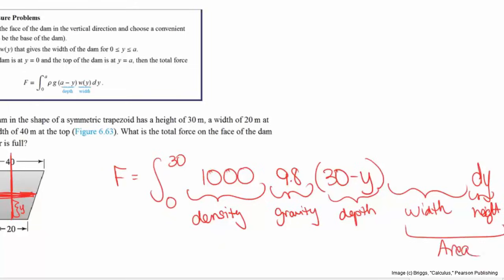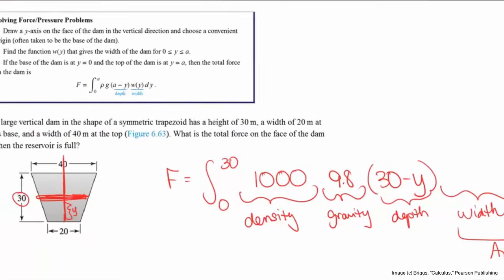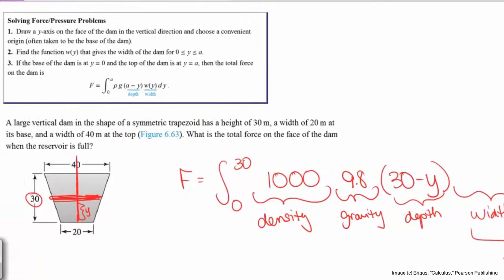Okay, so how do we find that width? That's the hard part. So we go back to our picture here. We want to find this length right here. And all we know about it is that this distance is y.